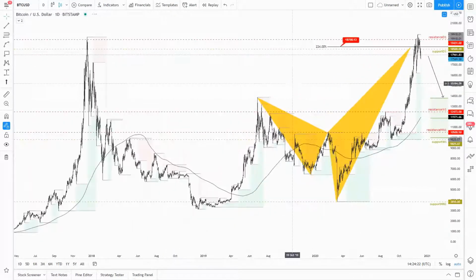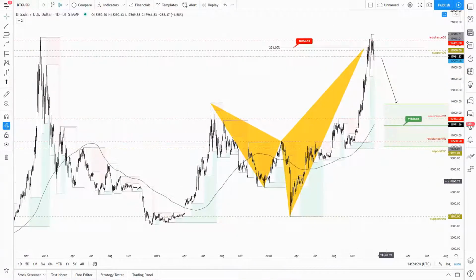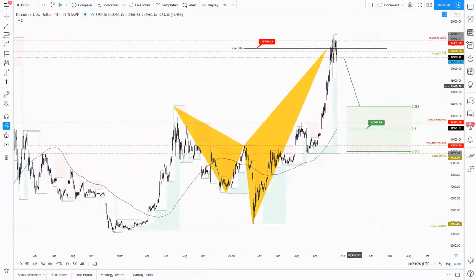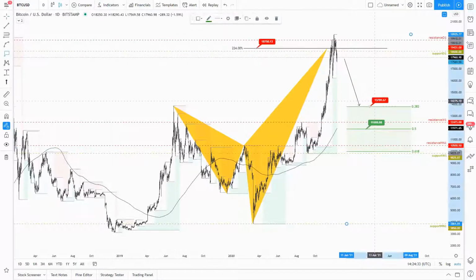Daily charts, Bitcoin, bearish shark pattern. I'm still waiting for that major and deeper retracement, at least to the 38% fib, 1379 if you wish, 38% Fibonacci retracement level, and then later the 50% fib a few points below.